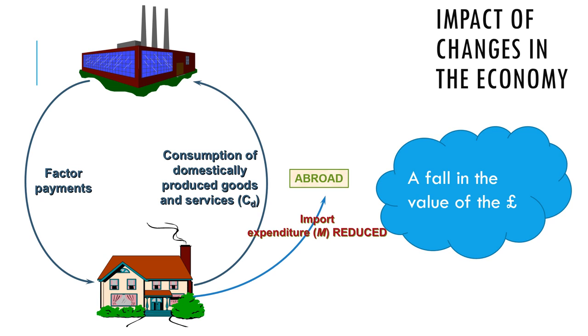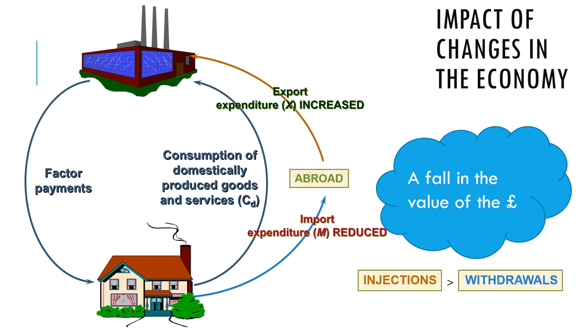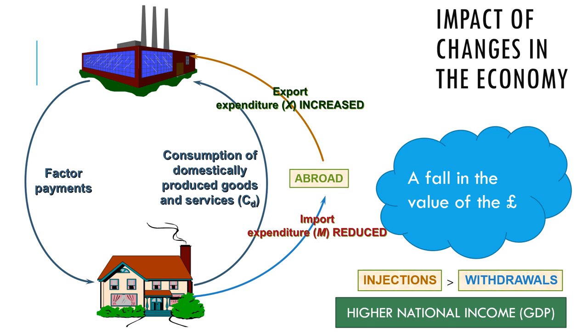At the flip side, a fall in the value of the pound is going to make it more attractive for foreign companies or households abroad to buy products from the UK, and so exports would be increased. So in this scenario, we've got an increase in injections and a reduction of withdrawals or leakages, so we'd predict higher national income or GDP.